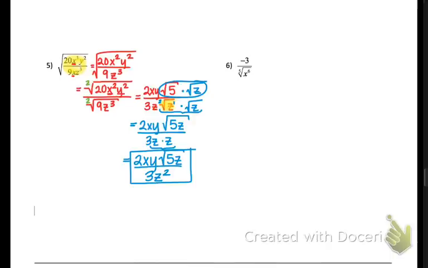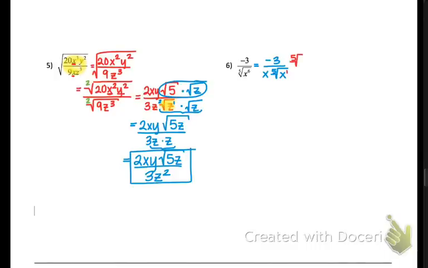Okay, number 6, you can do more than one way. So we could go ahead and simplify first. This would be your first option. If I did that, I would have negative 3 over 5 goes into 6 once with 1 left over. So now to get that up to a 5th power, we would need, this is the first, so I need to add 4 to that exponent.